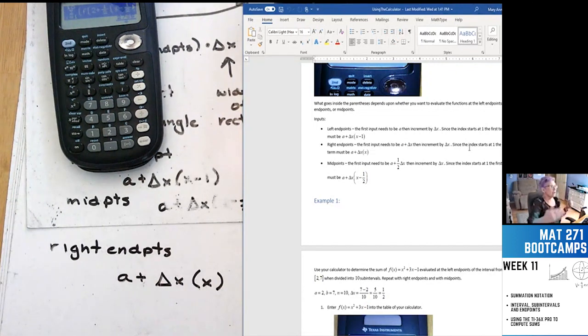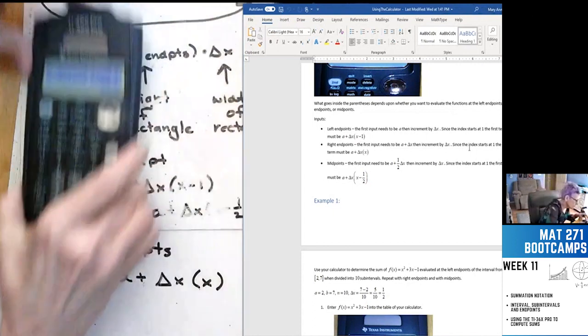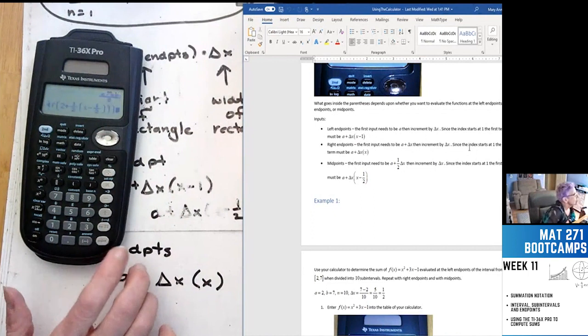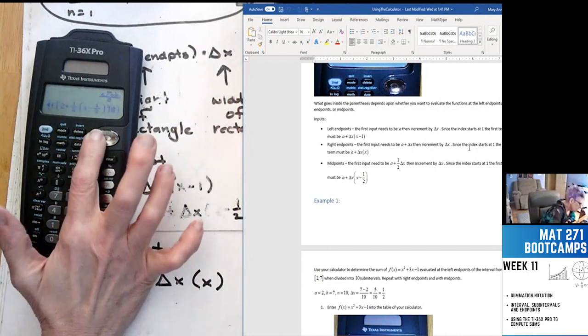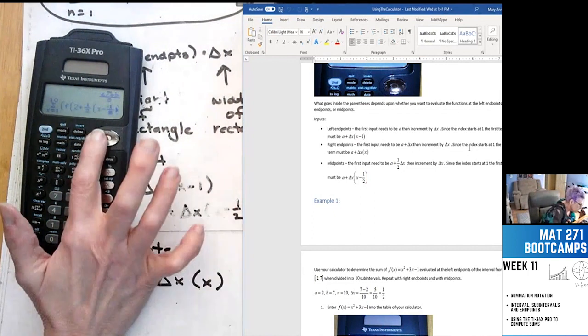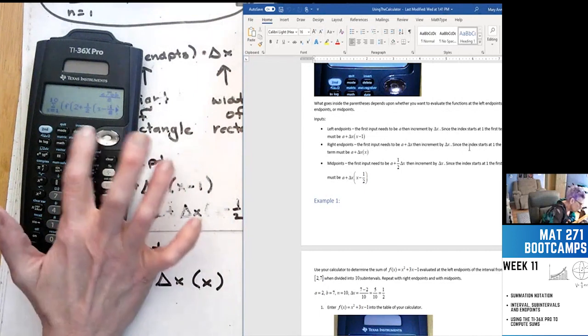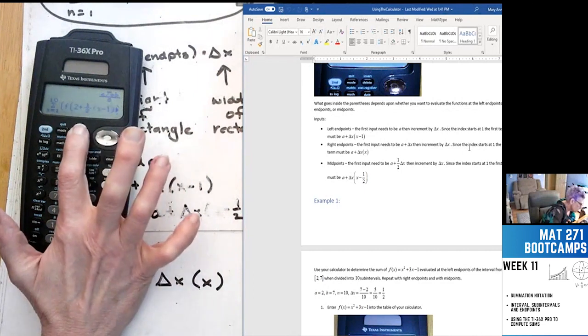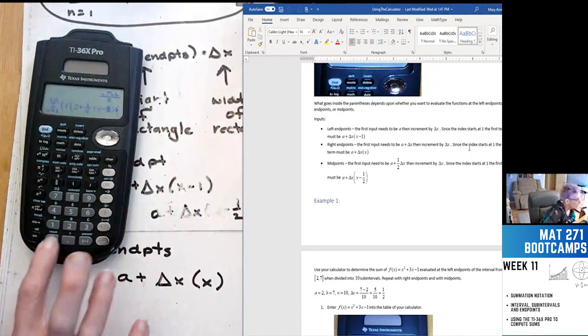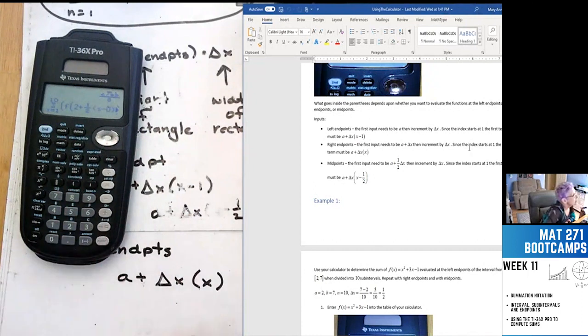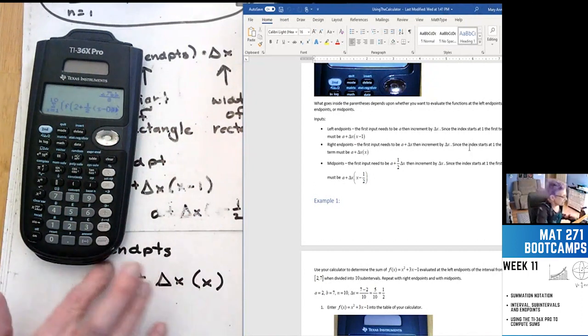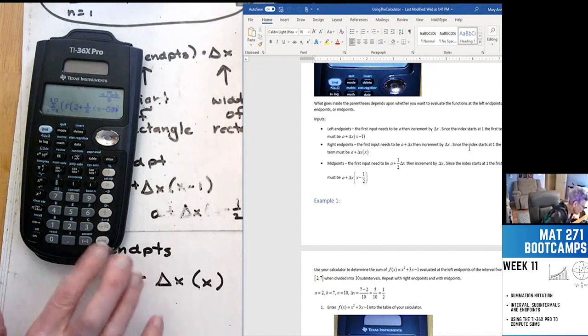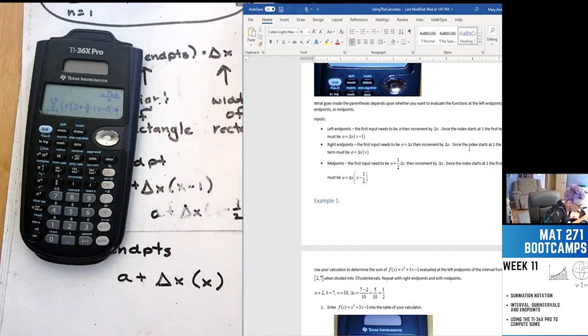I want to add delta x and then 2 delta x's, 3 delta x's, all the way up to n. So I have a choice. I could go in here and I could delete stuff. Delete, delete. I could change that to a 0, or I could just keep deleting until it was just x sitting there. Either way you want to do it, you can just edit it and get it in there.